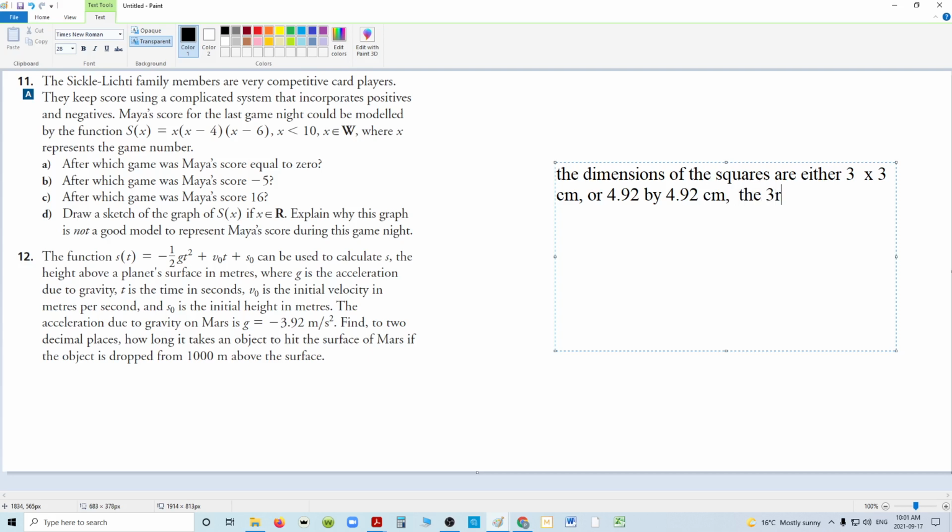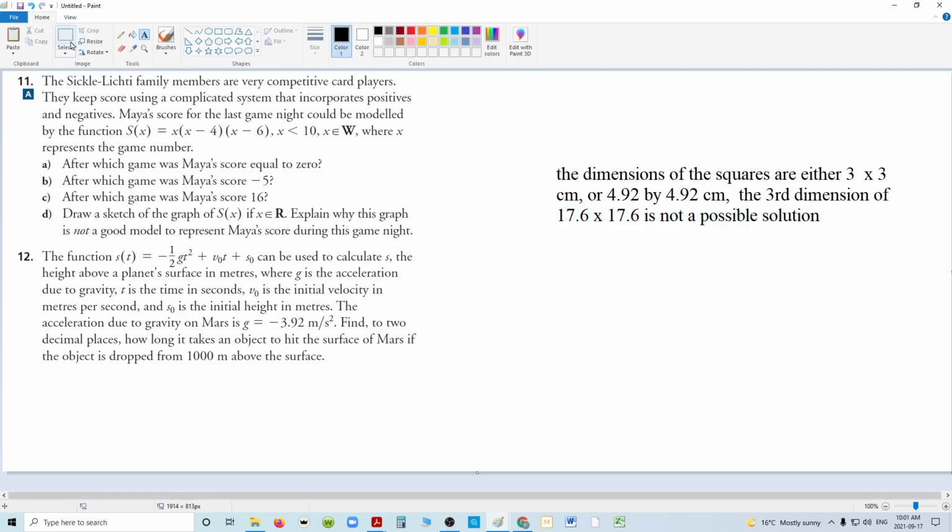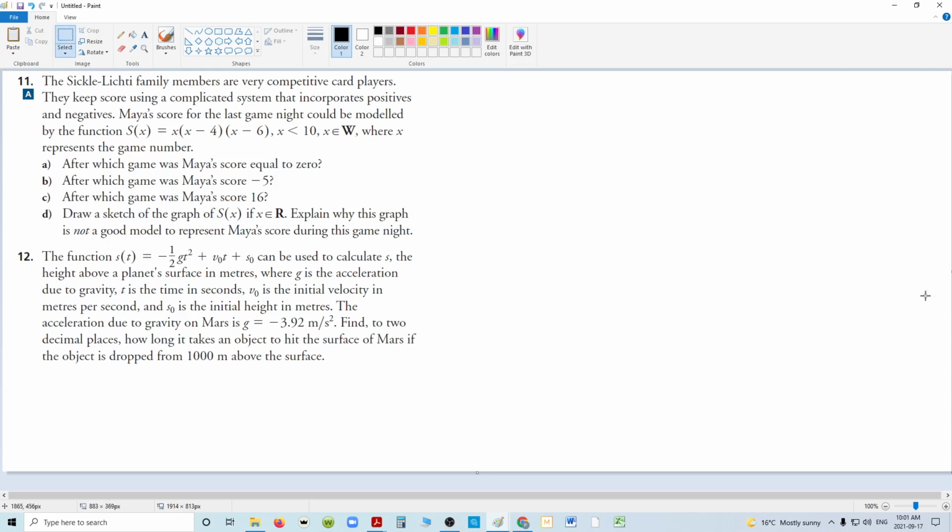The third dimension of 17.6 by 17.6 is not a possible solution. If you put that in there, you get bonus points. He knows that you've discovered it if he doesn't look at your work.